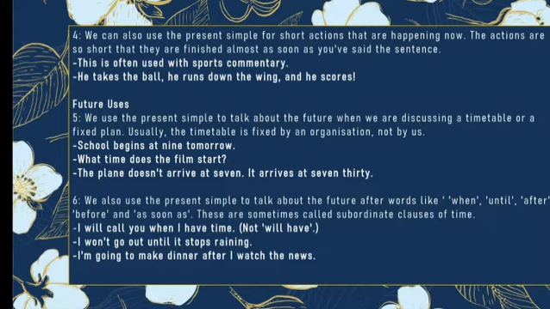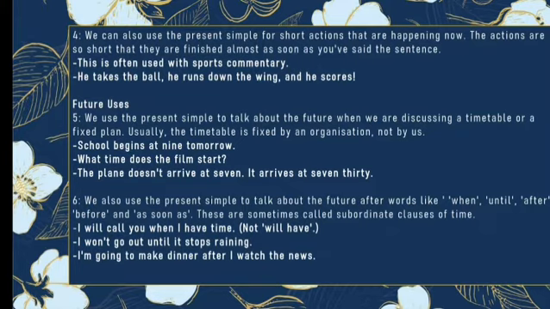Number 6, we also use the present simple to talk about the future after words like when, until, after, before, and as soon as. These are sometimes called subordinate clauses of time. Example: I will call you when I have time, not will have. I won't go out until it stops raining.